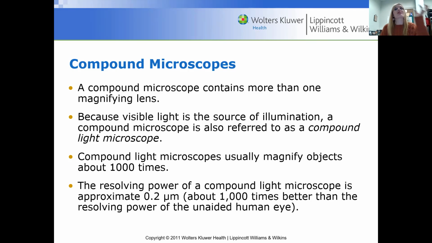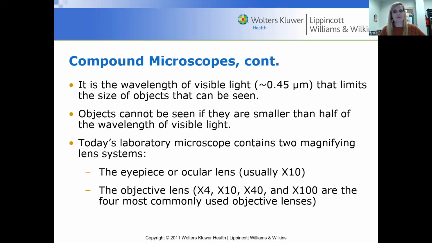The resolving power of a compound light microscope is approximately 0.2 micrometers. Remember, the unaided human eye was 0.2 millimeters, so this is 1,000 times better than the resolving power of the unaided human eye. Much, much better is what we're able to see with a compound microscope.